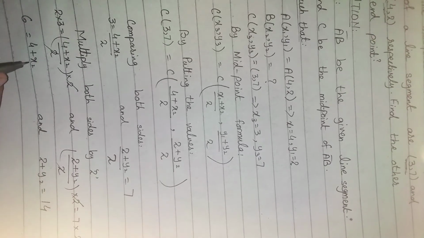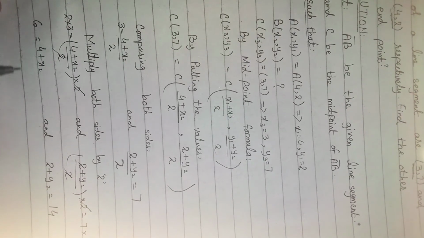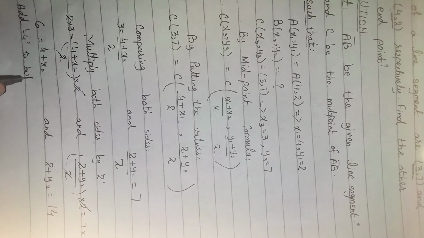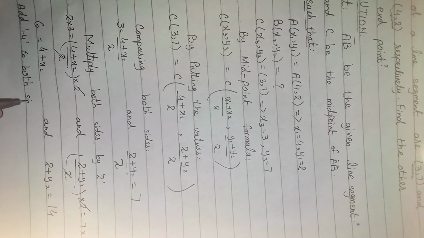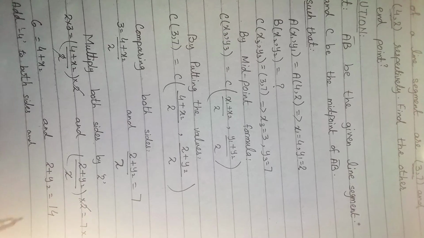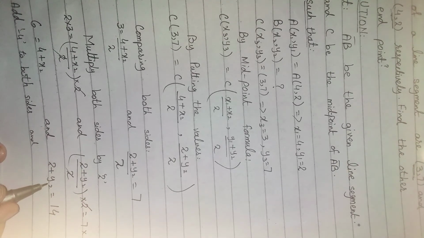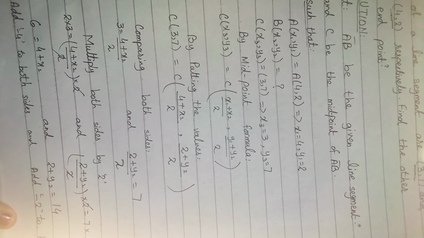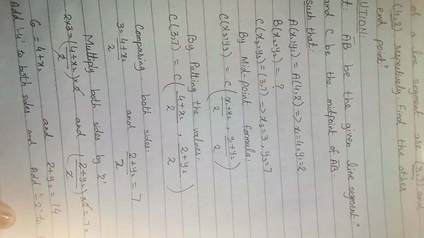As we have to find the value of x2, we will add -4 to both sides, and for the value of y2 we will add -2 to both sides.